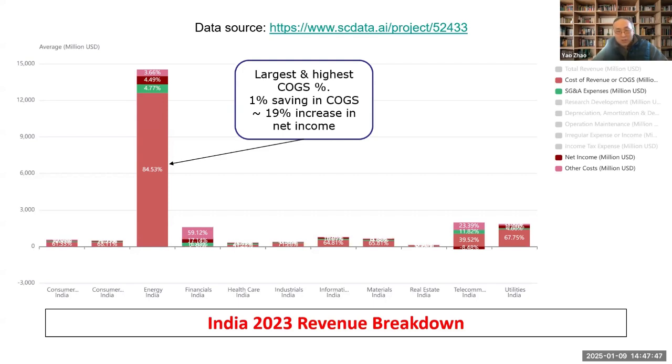So I think I can say this: if we can improve India's energy sector just by a small percentage in terms of its operations or supply chain management, it's going to have a significant impact, not only on India's energy sector in terms of profitability and stock market performance, but also will contribute significantly to this country's overall economy, because energy is the upstream of all these other industries.